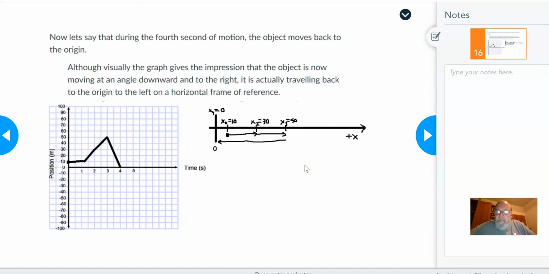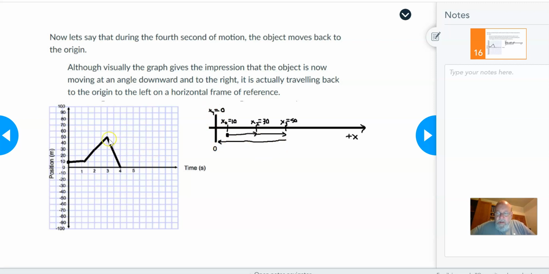Now let's say that during the 4th second of motion, the object moves back towards the origin. And on the horizontal motion diagram here, I've shown that, right? I'm at 50 meters, and during that next second at time 4, x4 equals 0 meters. So I'm at 0 meters.